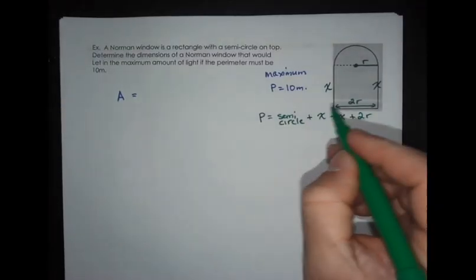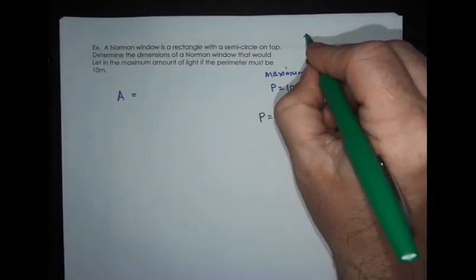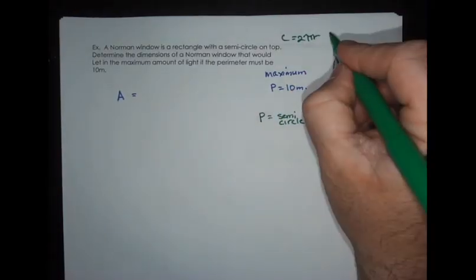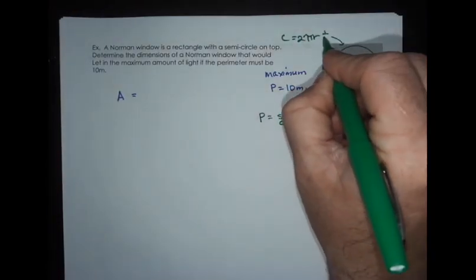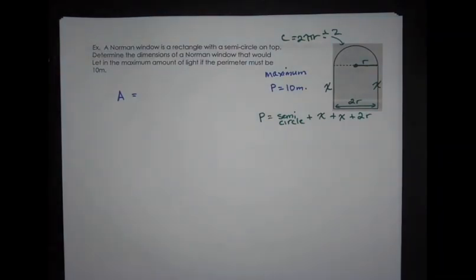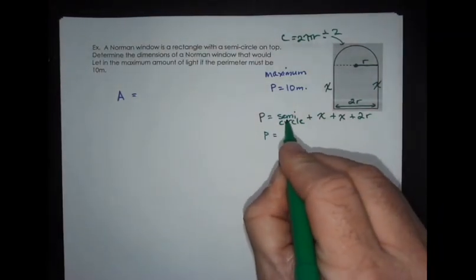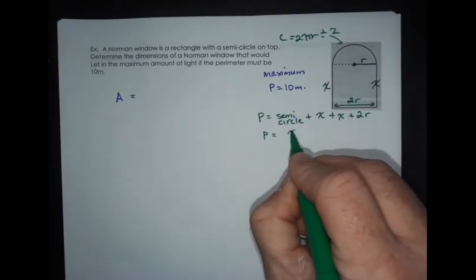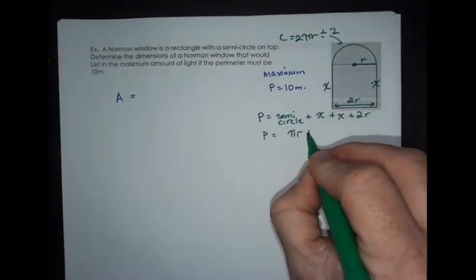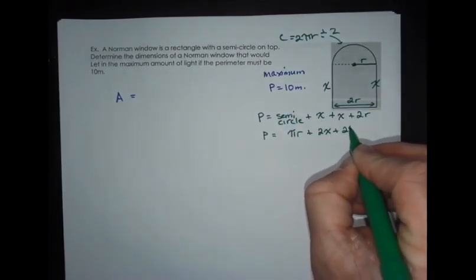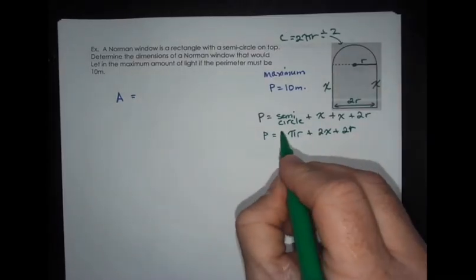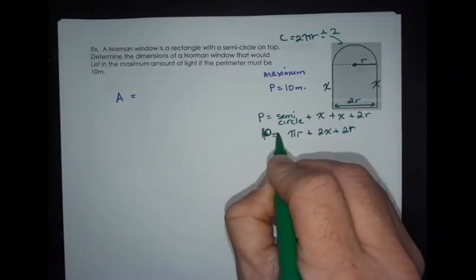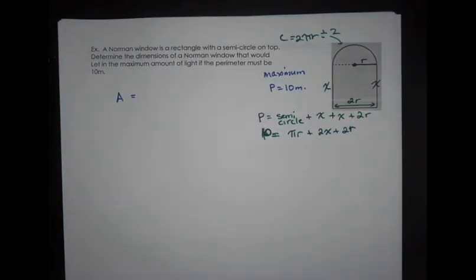So that's what I have. So we also know that a circle's circumference is 2 pi r. Well, for a semicircle, we would divide that by 2. So we've got a perimeter, right? The semicircle is just pi r, because we divided that by 2, plus 2x plus 2r. And we know that this is 10. So the perimeter of that shape is that.